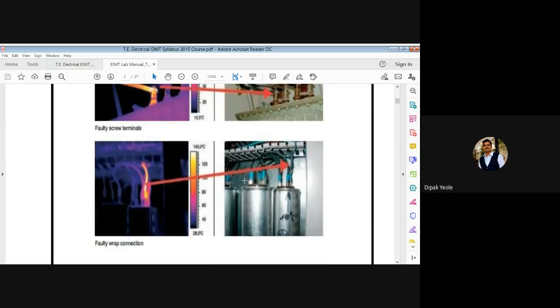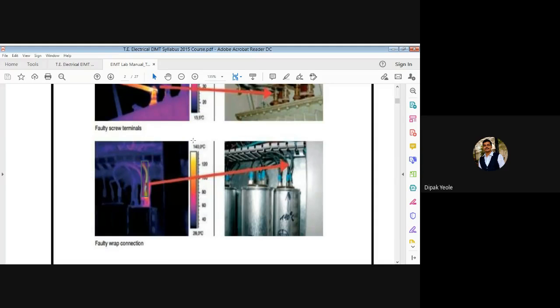The third is when we wrap our conductor: if that wrapping is not proper or faulty, it will develop heat, and that heat can be detected by this thermography camera.